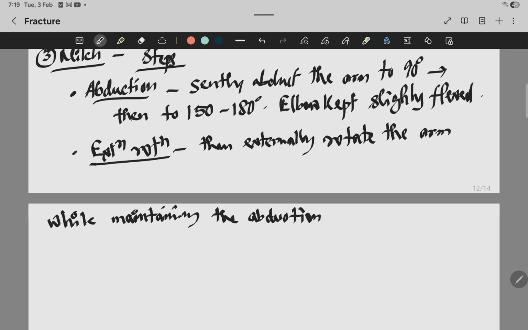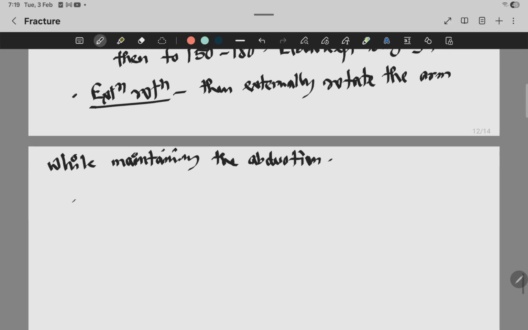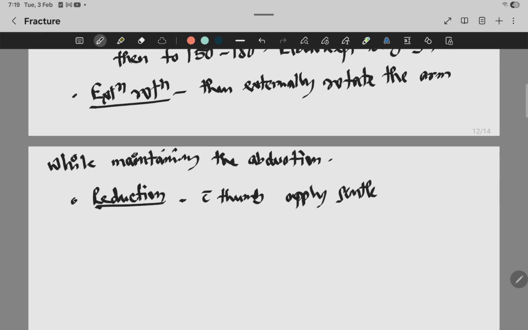And step 3 is the reduction. Here with the thumb apply gentle pressure on the humeral head in the axilla.